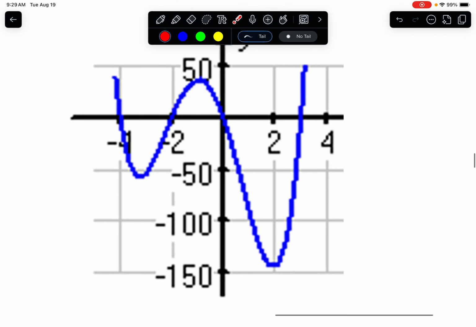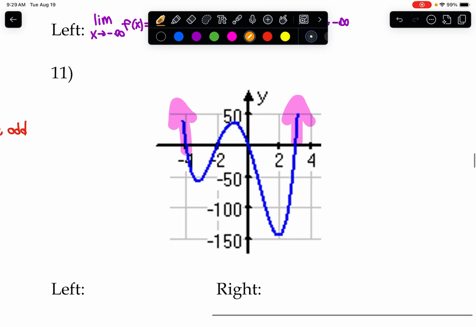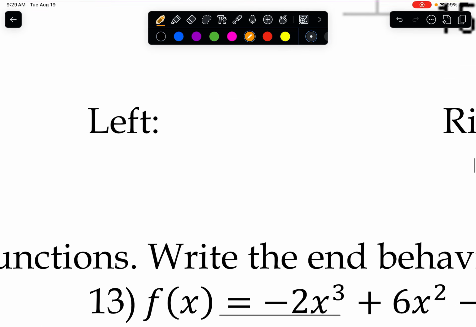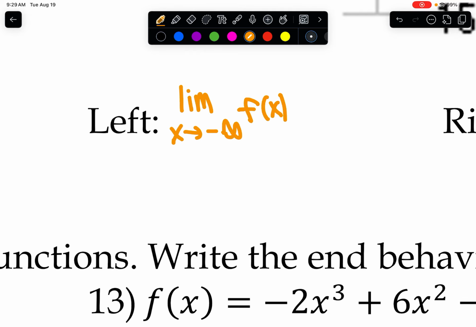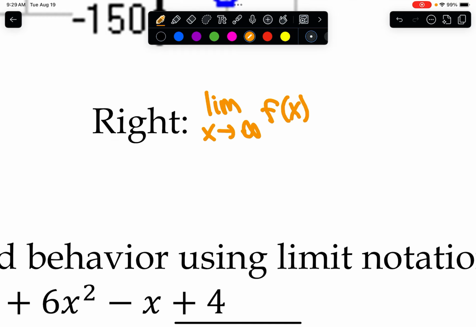So all negative odd functions are going to have the same end behavior. And last but not least over here, once again, I'll exaggerate my arrows so you can clearly see them. When I look at both sides, it's going up and up. So my left-sided limit, the limit as x is approaching negative infinity of f of x, is going to be positive infinity. And then my right-sided limit, the limit as x is approaching positive infinity of f of x, is going to be positive infinity.